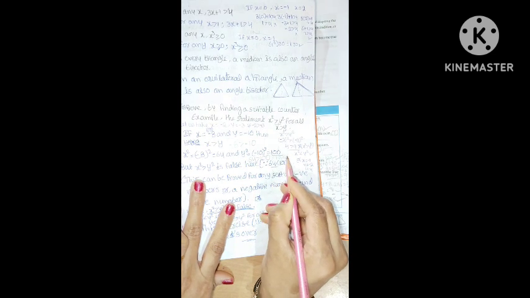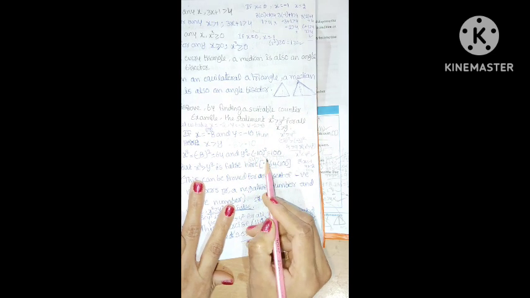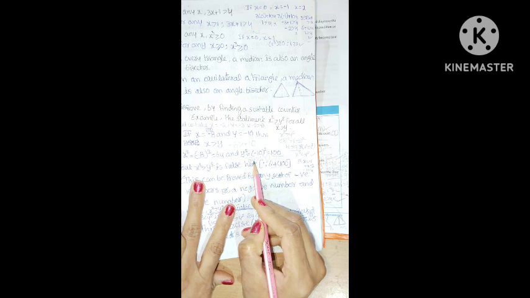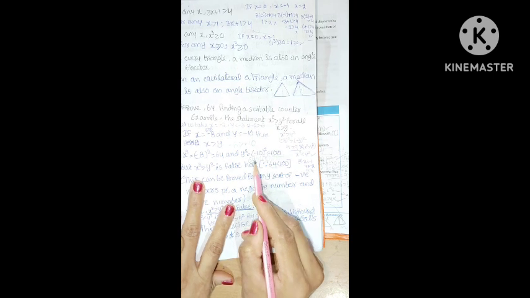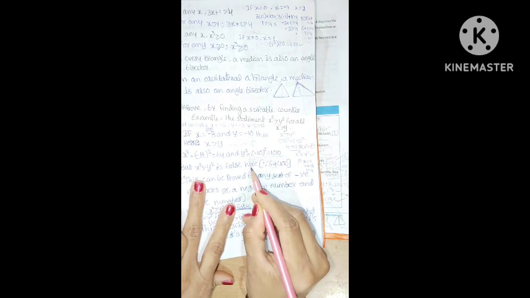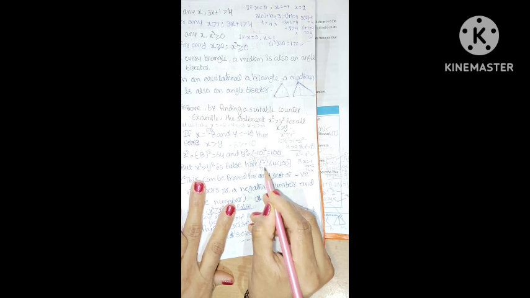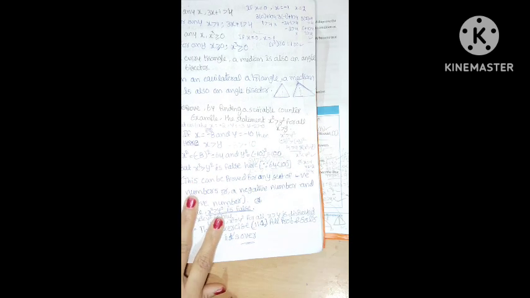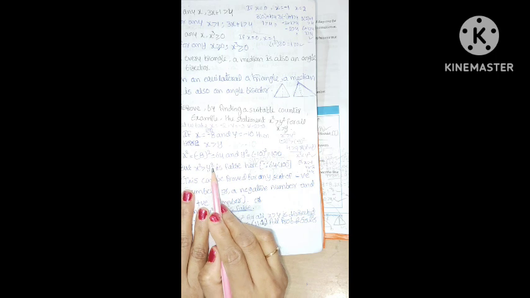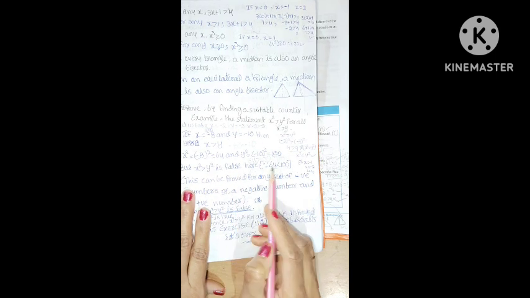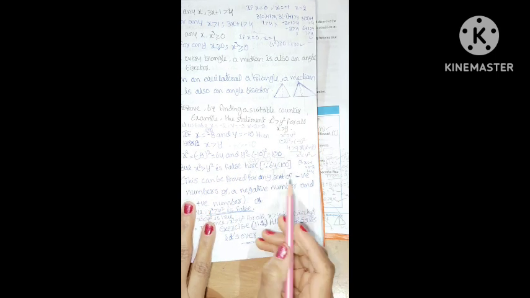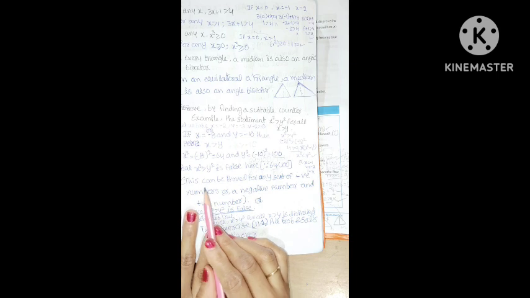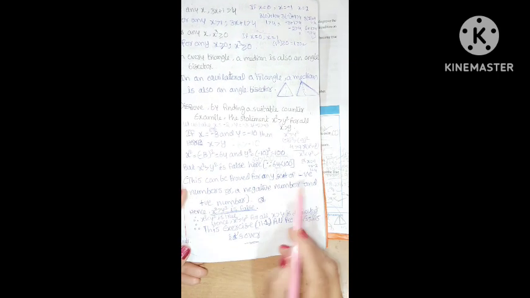Why is it false? Because 64 is not bigger than 100. So x square less than y square is possible, it is true. But x square greater than y square is false. This can be proved for any set of negative numbers.